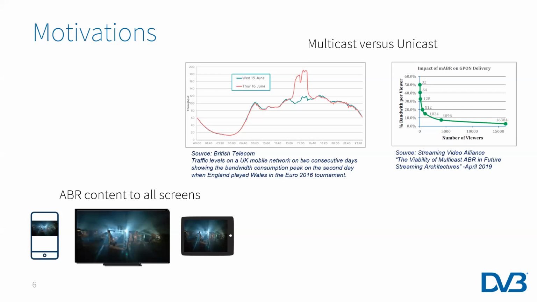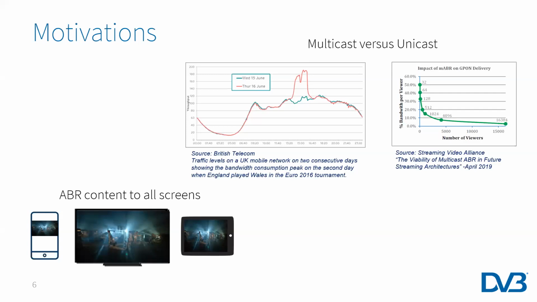On the left side, you have an example during the rugby tournament between England and Wales, and when you have this very important, famous and popular event, you can almost double the bandwidth in terms of consumption.